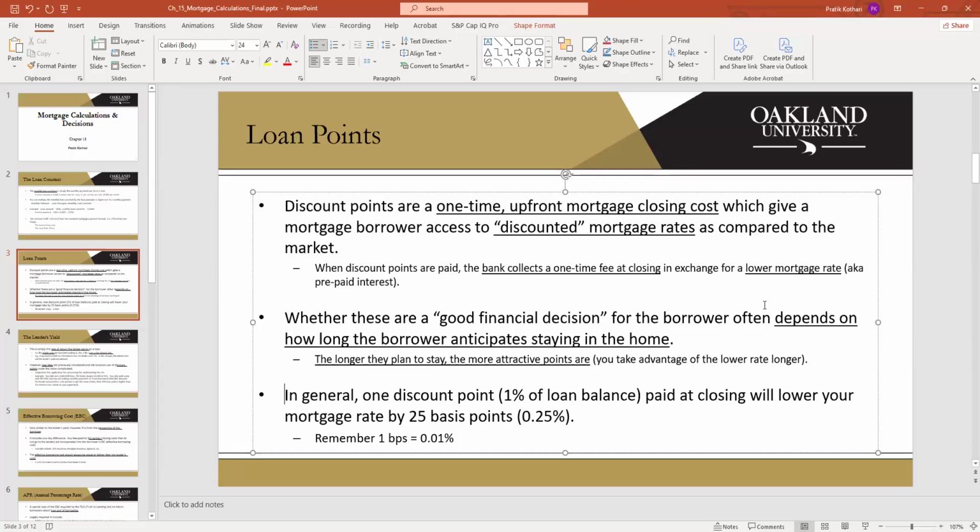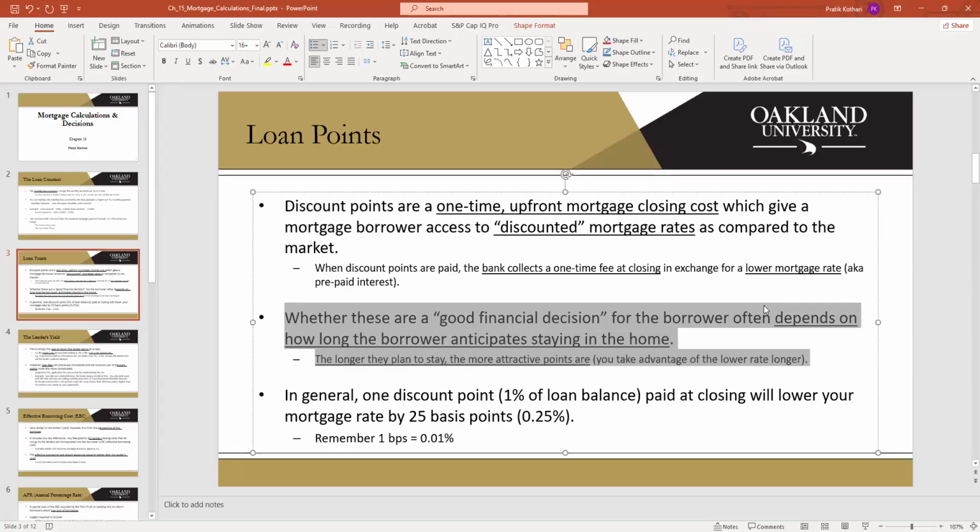Think about it this way. You paid some upfront fee to a bank, let's say $10,000, to reduce your interest rate by 0.25%. When you do this, you're reducing that interest payment for, say, 30 years of the loan term, right?